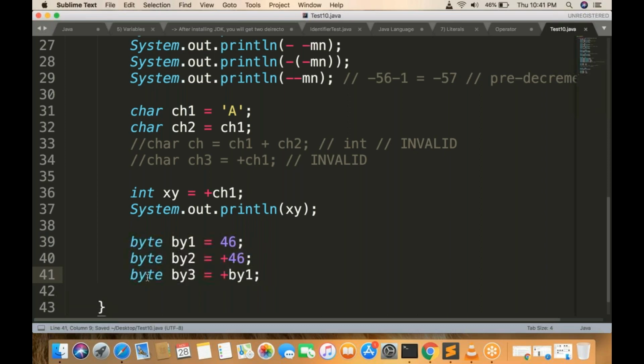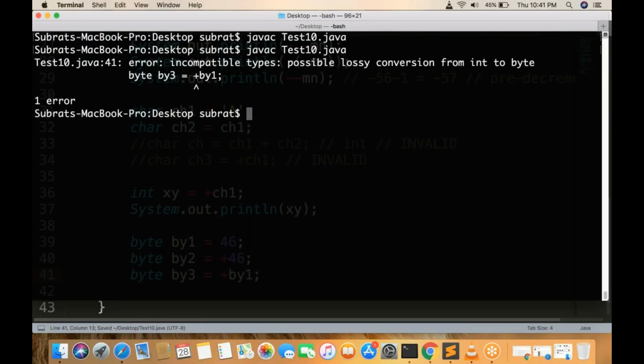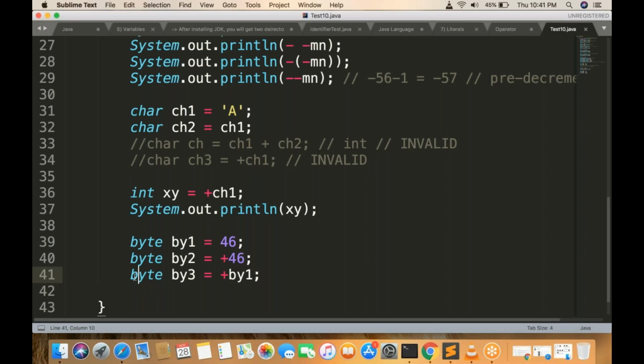But here now you have to tell me byte b3 is equal to plus b1. That means plus b1, and b1 type is byte. Plus byte means the result type would be int. If it is the int type result and you are trying to assign into byte type, you will get an error message. See here, that is invalid.